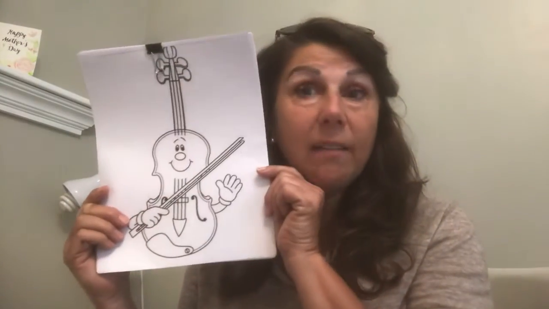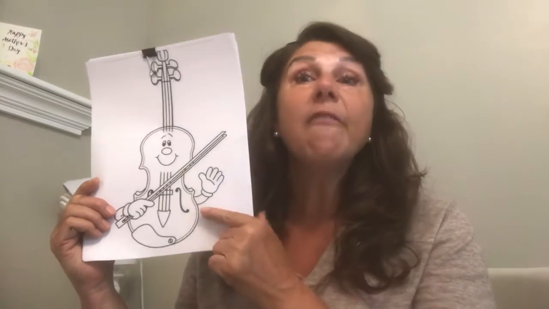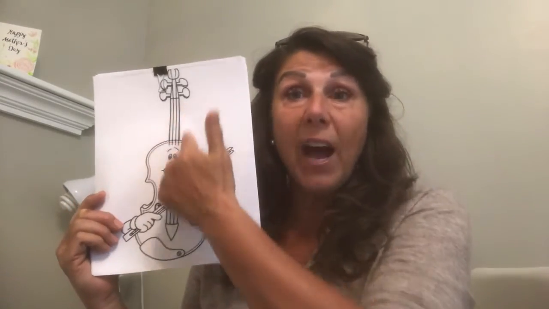I am going to hold up a picture of an instrument, and I want you to just holler out which family and which person would be part of this family. So if this picture is a violin, the violin has strings. So which family would it be part of? Who knows? It would be Sammy String.